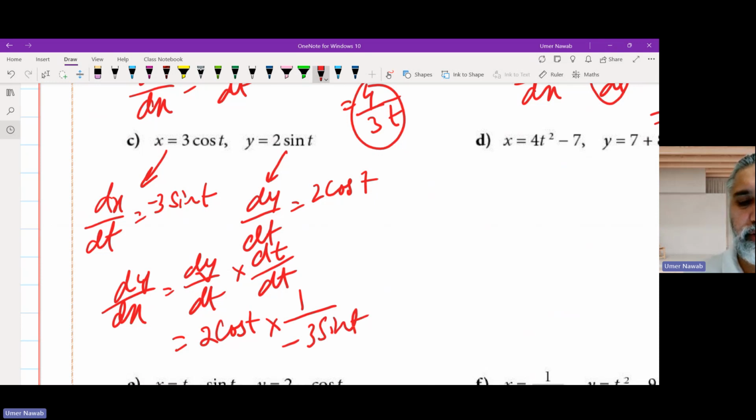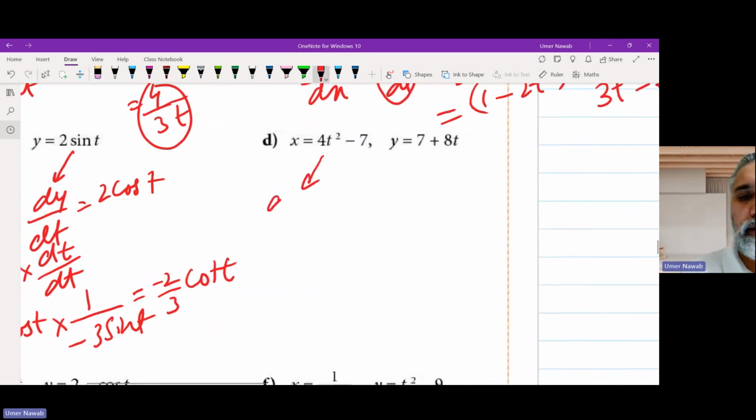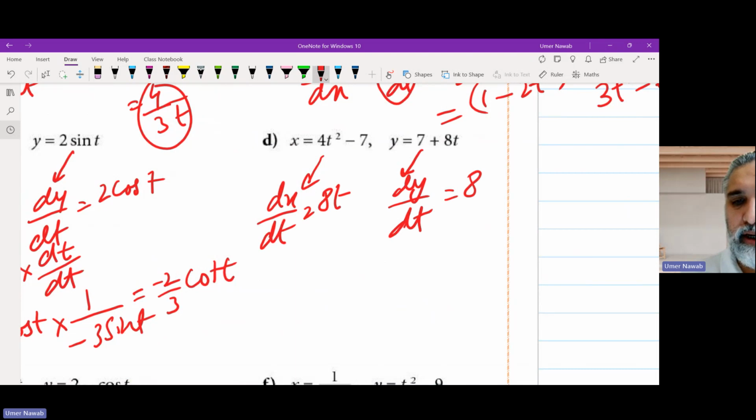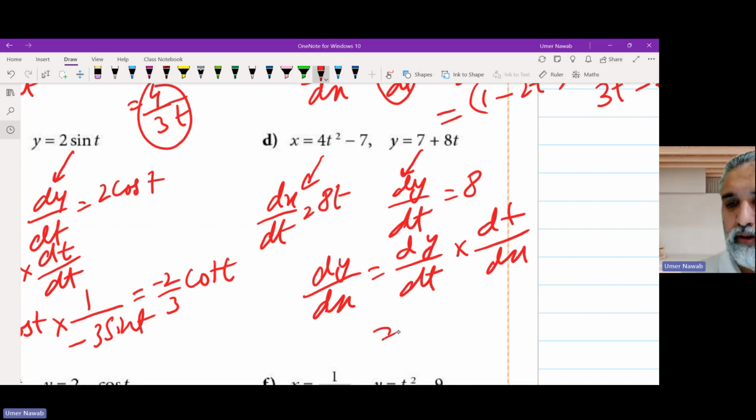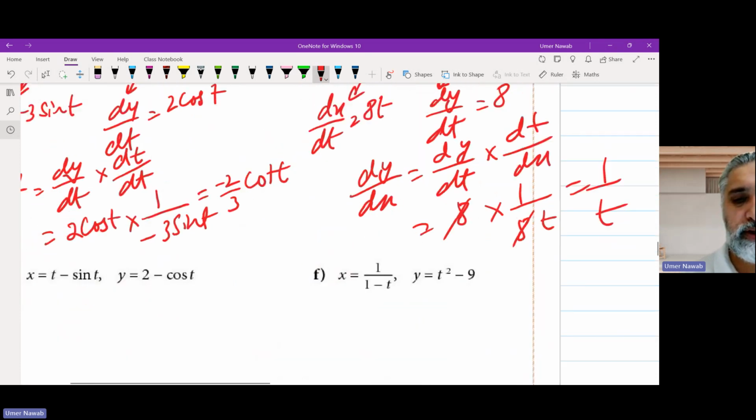You can leave it here, or otherwise you can also write it as minus 2 over 3 cot of t if you want. This is dx over dt, guys, 8t, and this is dy over dt, which is 8, and I want to find dy by dx, which is equal to dy over dt times dt over dx. So dy over dt is 8, and dt by dx is 1 over 8t. Cancel 8 with the 8, and the answer is 1 over t.